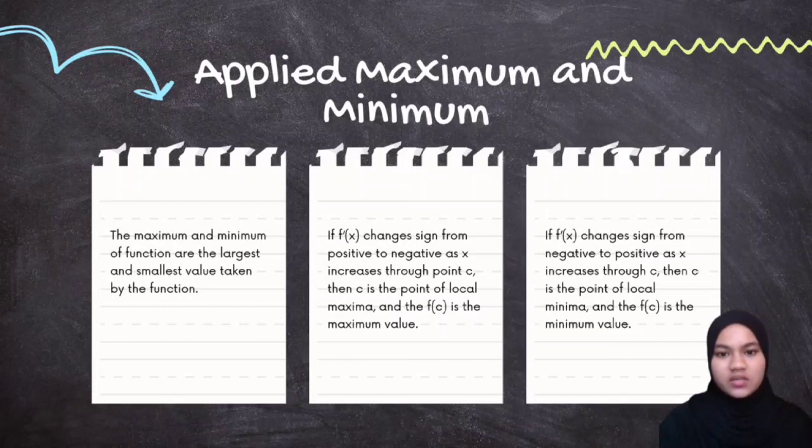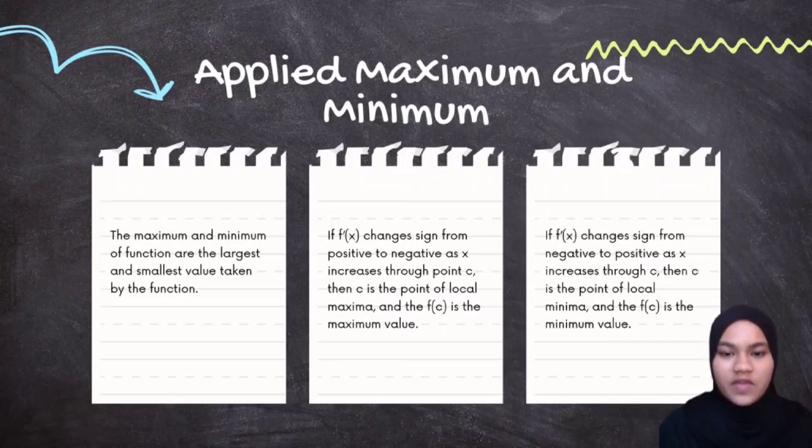So what is the meaning of maximum and minimum? In mathematical analysis, the maximum and minimum of a function are respectively the largest and the smallest value taken by the function. In calculus, there are two rules of applied maximum and minimum problems.